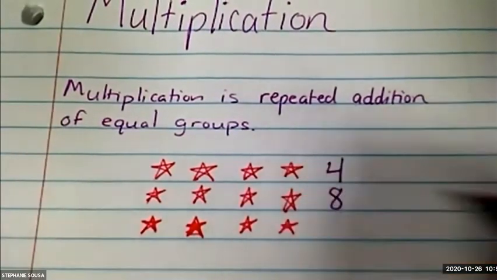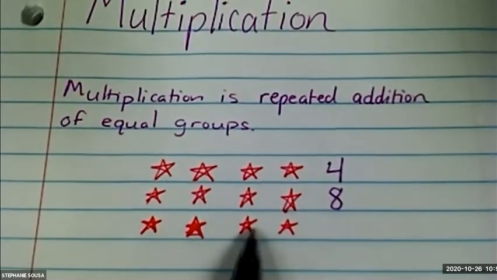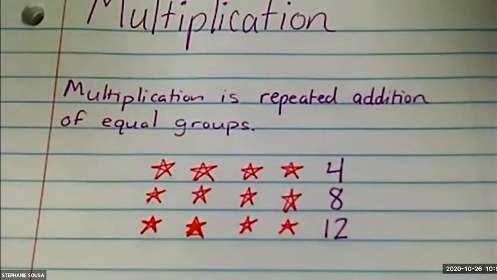So if I count these 2 rows, there are 8. If I count this 3rd row, I have 9, 10, 11, 12. So I can see that this array represents 12 items.